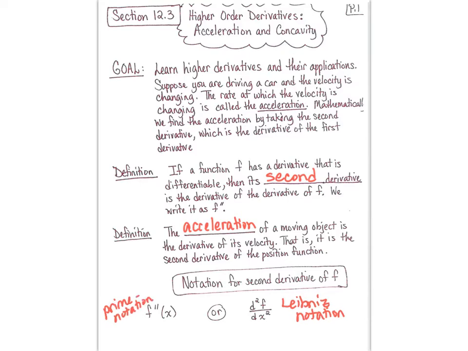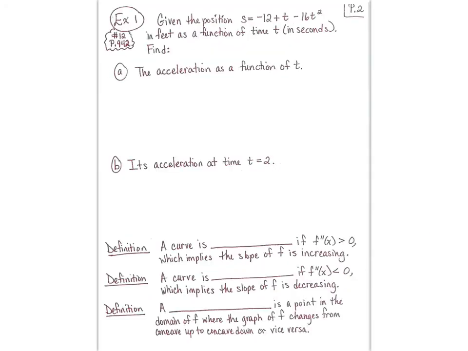Okay? Now, back to this definition quickly. Remember, we said it's the second derivative of the position function. Note that your position function was s of t. S prime of t was your velocity. S double prime of t is going to be your acceleration.